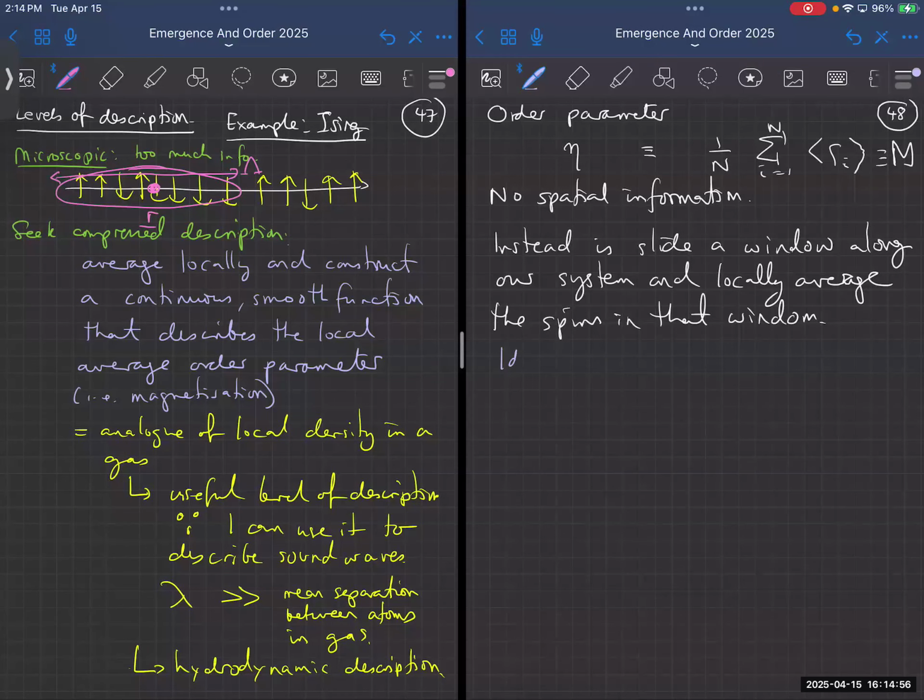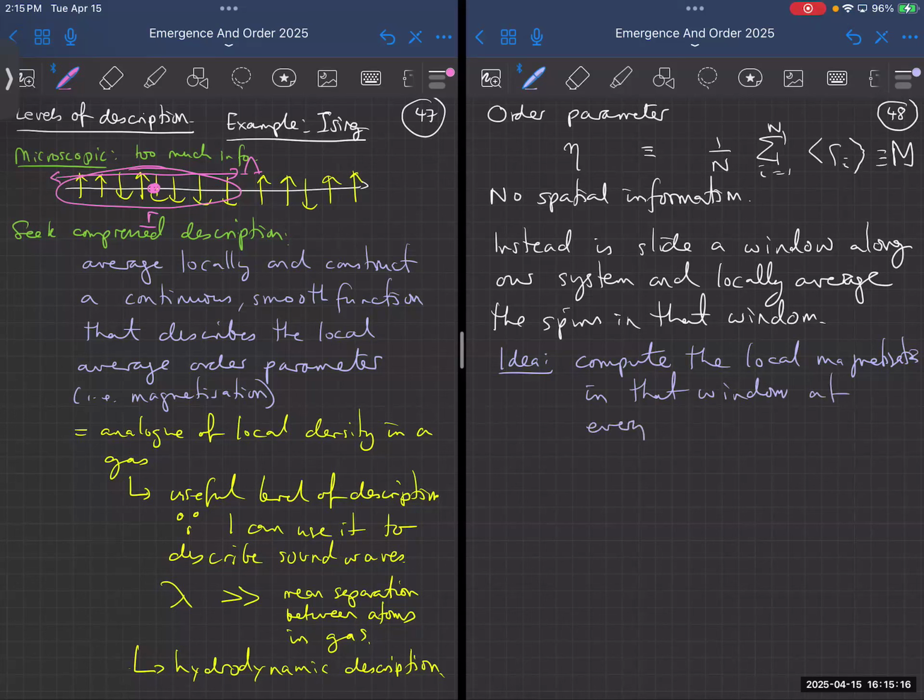So the idea is compute the local magnetization in that window at every point in space. So what I do is I compute m.